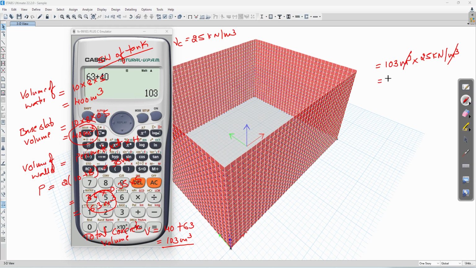So 103 multiplied by 25 is 2575 kilonewton.